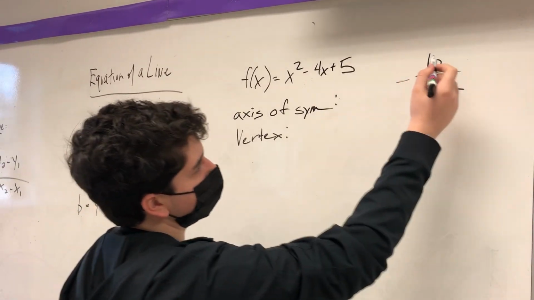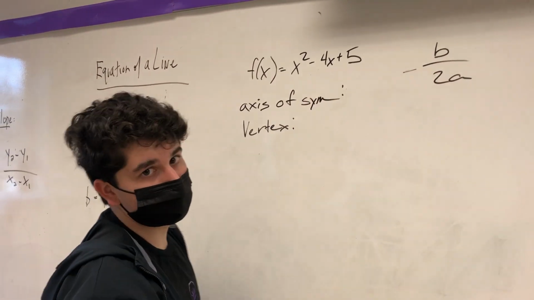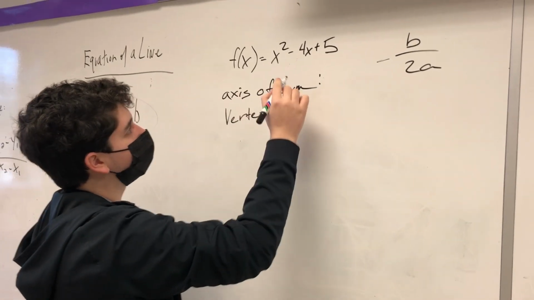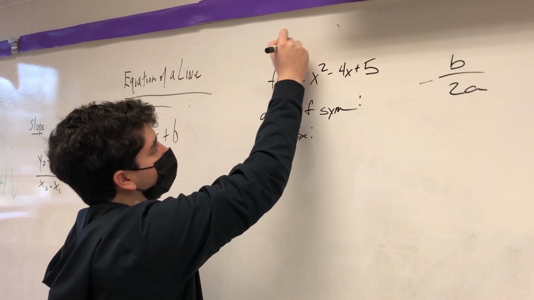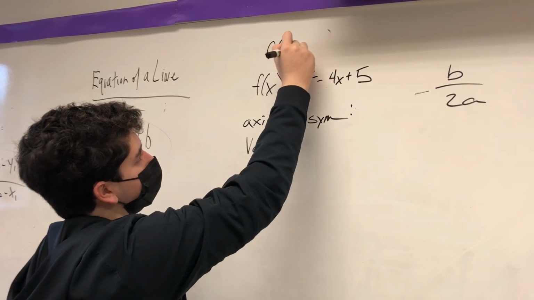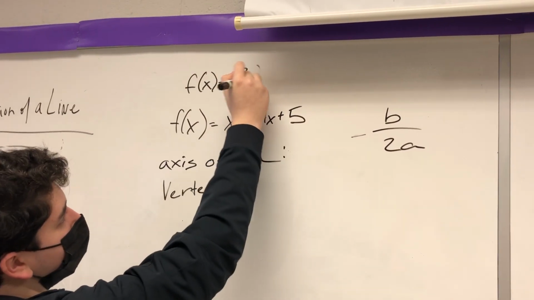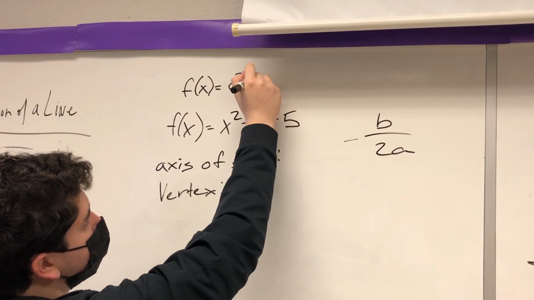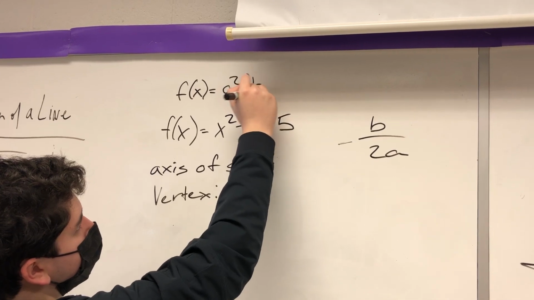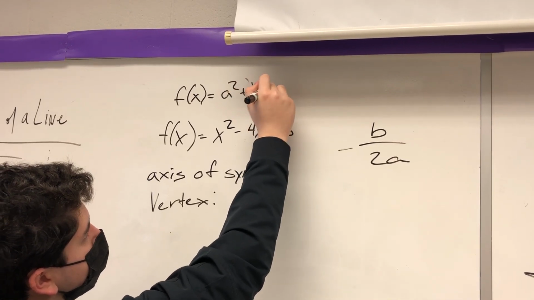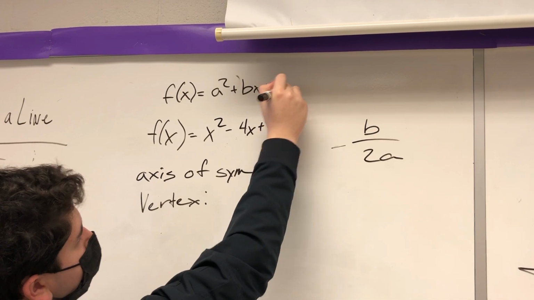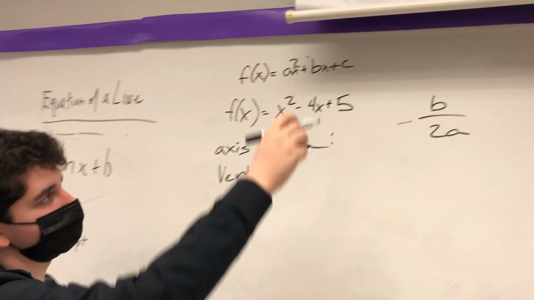And where do you get b and a? Well, that's from our original equation, which is written in standard form with variables as ax squared plus bx plus c.